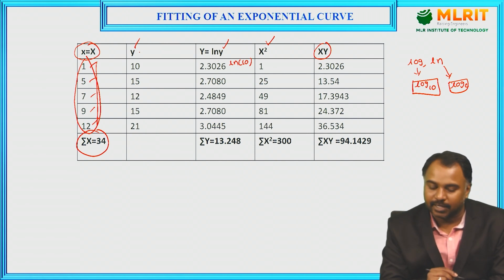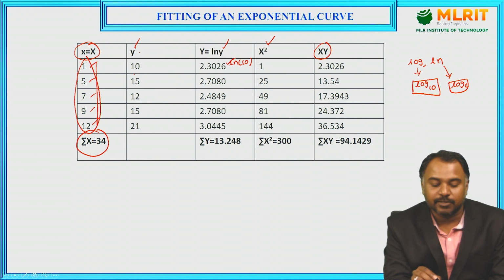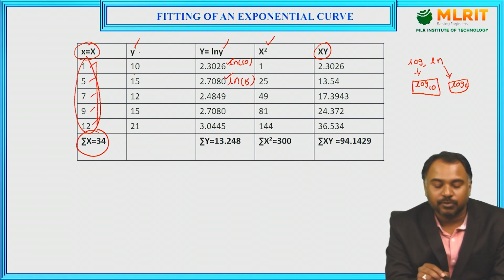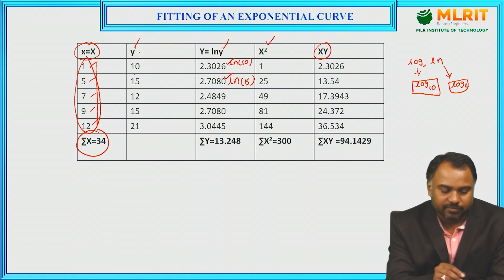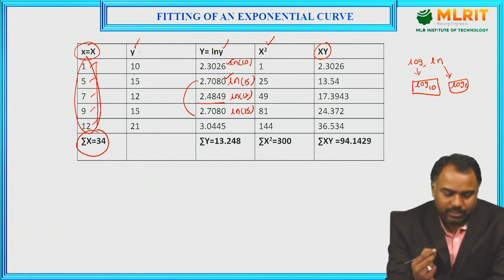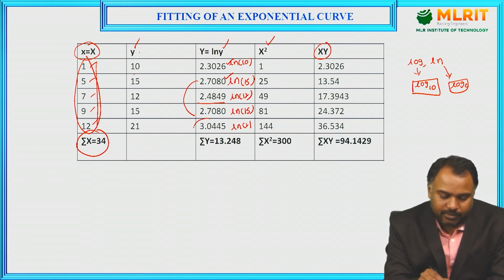So ln of the first value, 10, typed in the calculator, gives 2.3026. In the same way, ln of 15 is 2.7080. Try to take 4 or 5 decimal places, which will be enough. Similarly, ln of 12 is 2.4849. ln of 15 is the same value, 2.7080. ln of 21 is 3.0445.